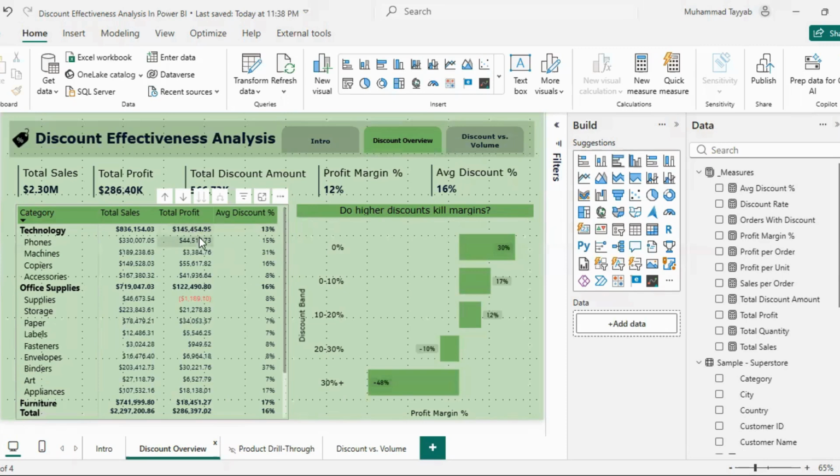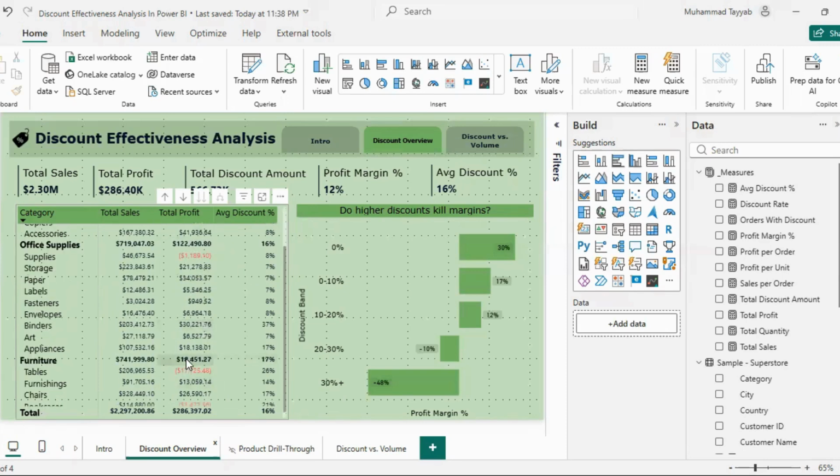That's solid. If we look at furniture, we have a 17% discount and only 18,000 profit on 7,41,999 in sales. So that's a terrible return if we just look at the difference over here.